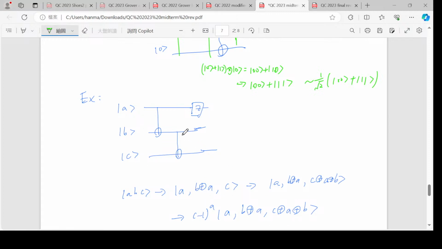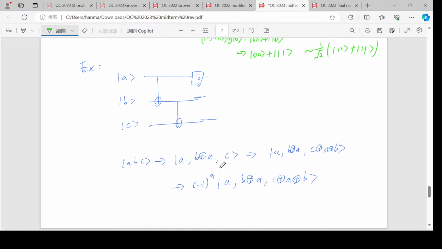We have a, b, c here. This CNOT adds the first register to the second register, so it becomes a, b plus a, c. Another CNOT adds the second register to the third, so it becomes a, b plus a, and then c plus b plus a, which is a plus b plus c. Finally, if you get Z on the first register, you get minus 1 to the a, and so on.